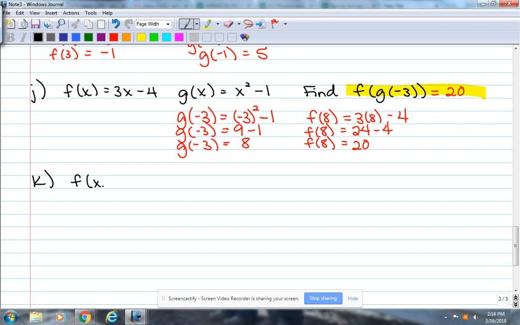They tell me f of x equals 4x to the negative 1 power. G of x equals 5x minus 2. And it says find the following. And it's going to give us three things they want us to find.